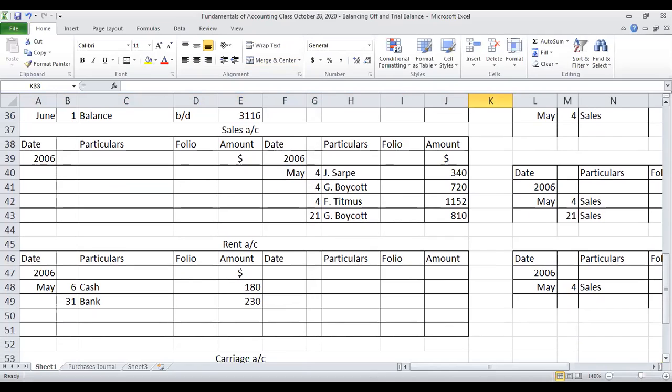The balance of our sales account now. All right, so you're going to add up this side first as usual, both sides. So add up 340 plus 720 plus 1,152 plus 810, and that will give you 3,022.